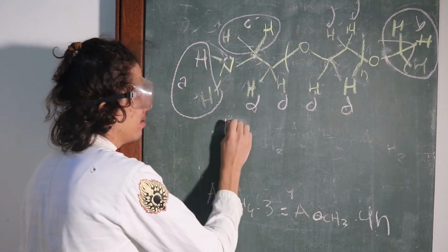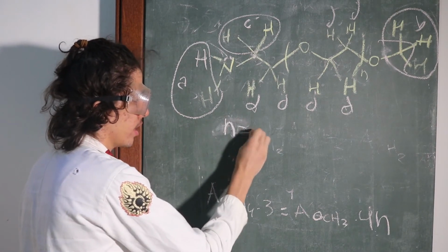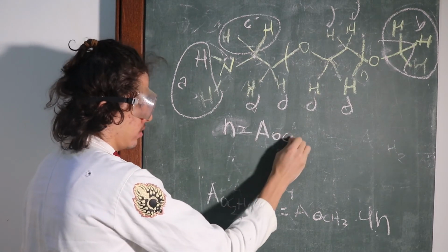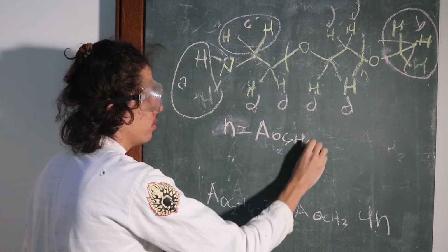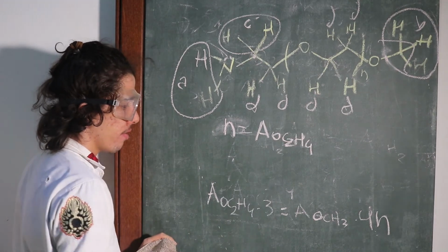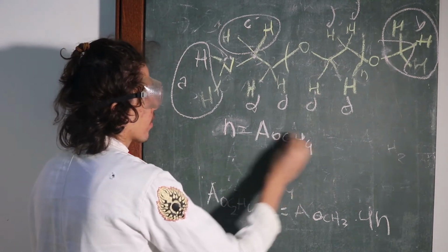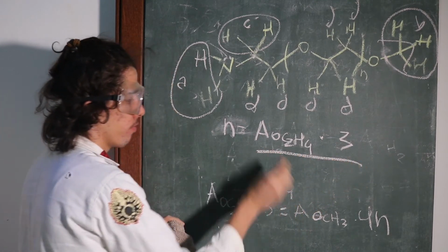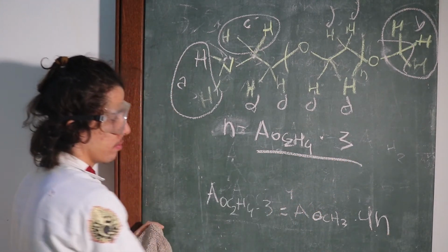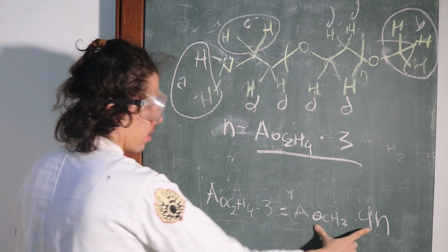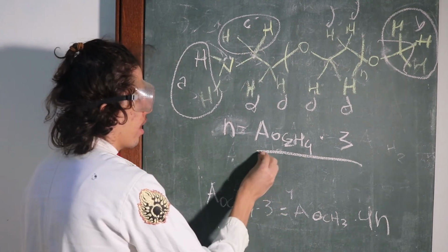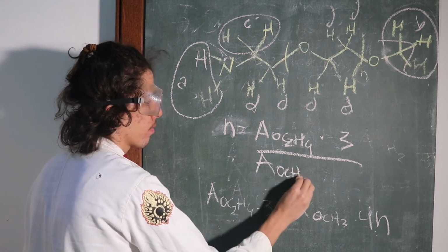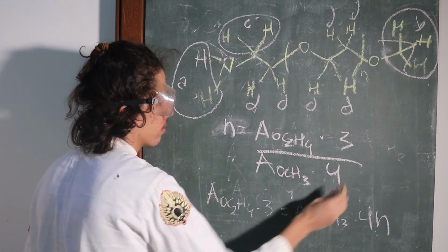So n is equal to A(OC2H4), which is the monomer area, times 3 over this thing. It's going to divide all this. So the area of the methyl end group times 4.